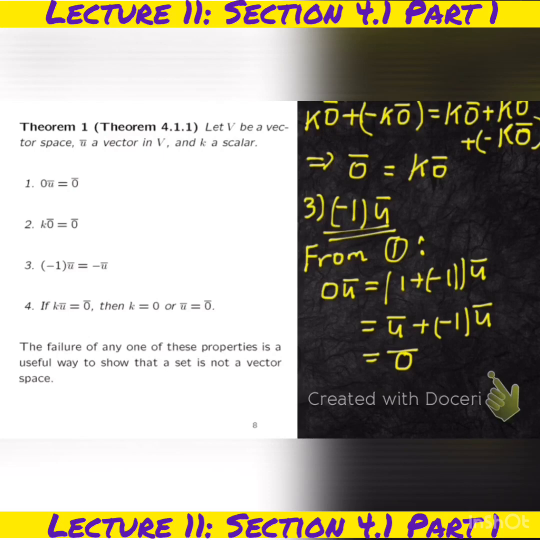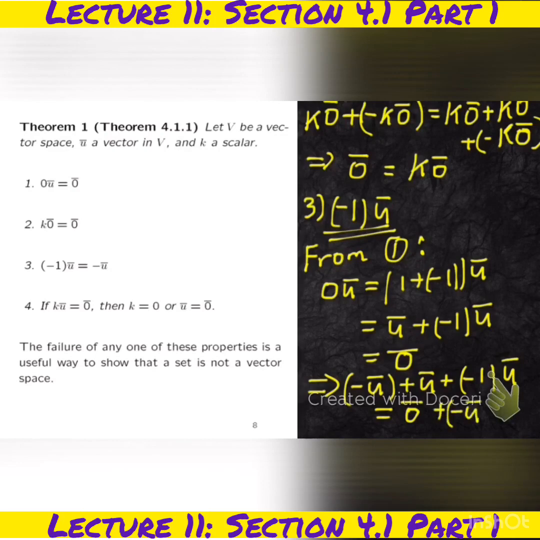has properties, and we know what those properties are. You add on the left-hand side the negative of the vector u. What you do on the left you must do on the right. You must add again the negative of the vector u there.